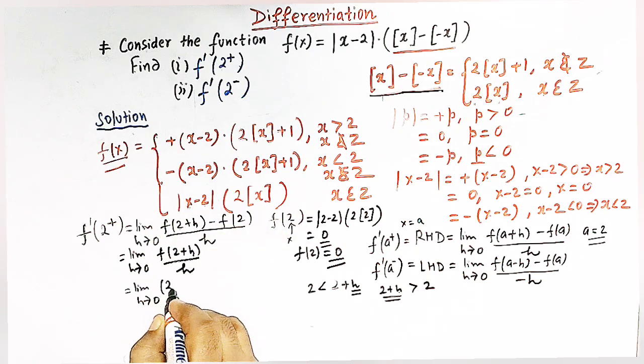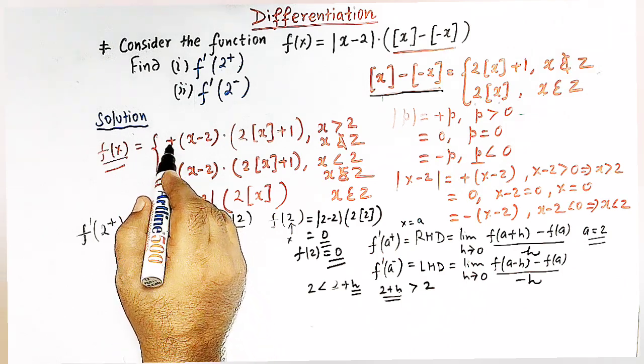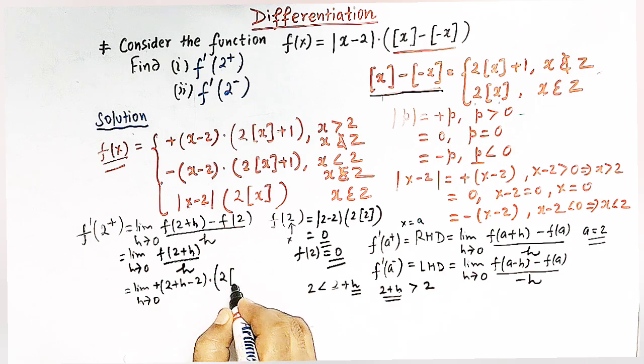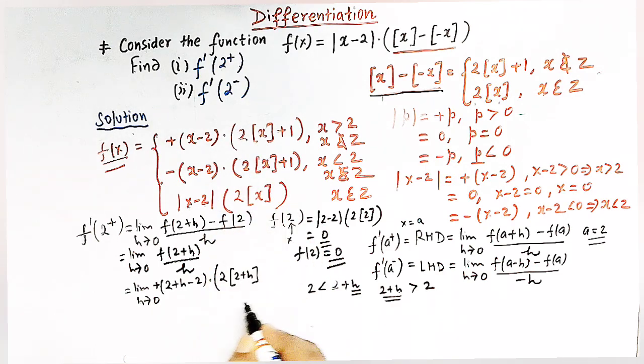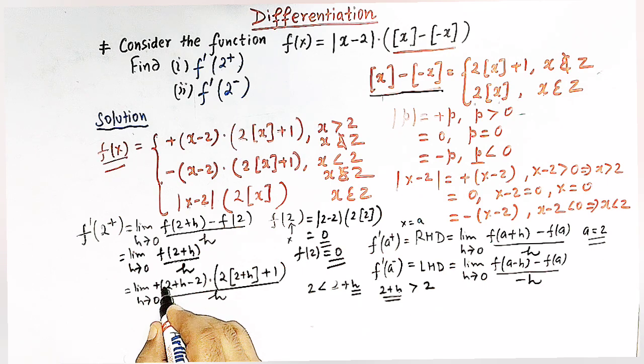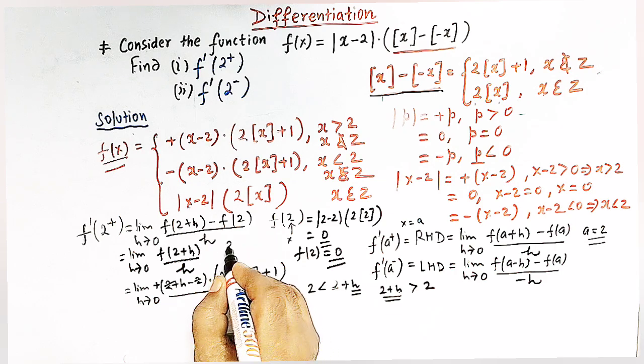So here we have 2 plus h minus 2, here we have obviously the positive sign, and then we have 2 times the greatest integer of x, that is greatest integer of 2 plus h, and here we have plus 1, and in the denominator we have h, right? Now see, this 2 and this 2 get cancelled, and here we have greatest integer of 2 plus h.